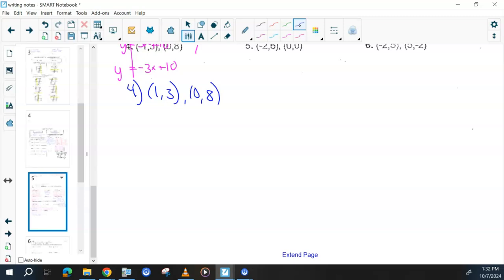Okay. Similar to what we just did, let's find the slope. y2 minus y1 over x2 minus x1. What is your slope?